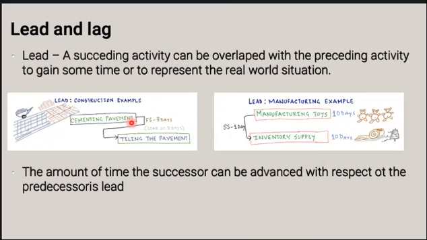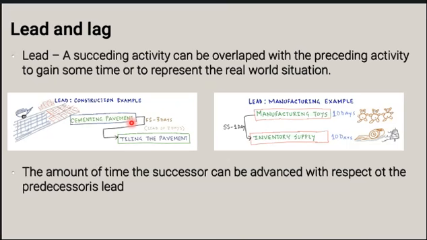In another example, if you are building toys, you would have to supply the inventory to make the toys. Let's say this is the activity of supplying the inventory, and then once your inventory is supplied, you can start the manufacturing, but you can continually supply the inventory as you're manufacturing the toys.